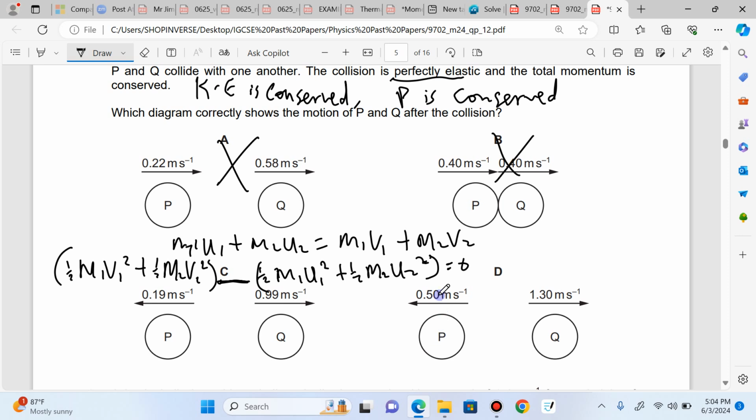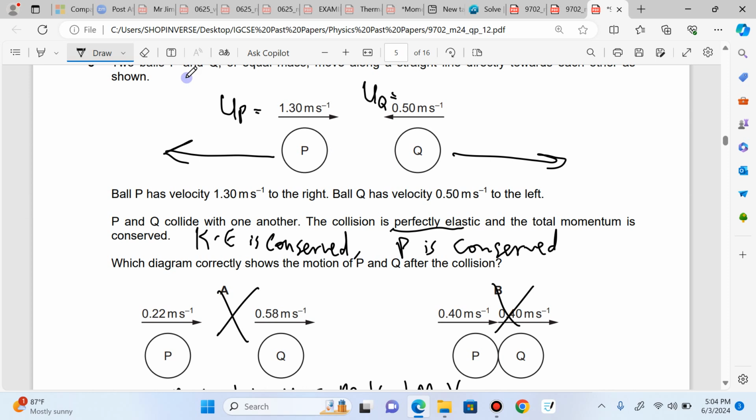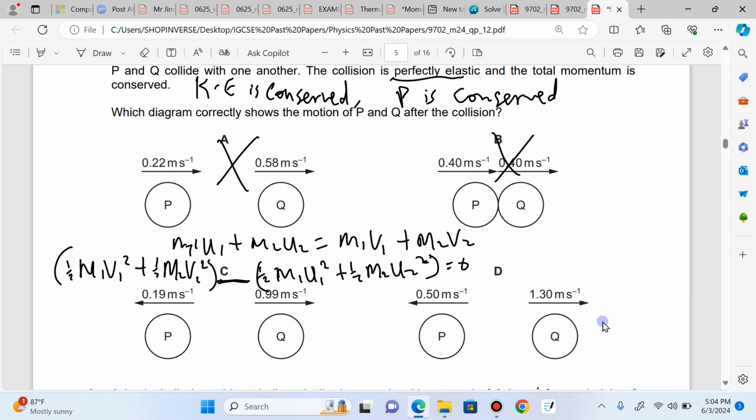P is now taking the value of velocity of this one after collision, while Q takes the velocity of this one after collision. And that is what works, okay? If you substitute those values, you get the change in kinetic energy to be 0. Okay, so D is the only one that will work for that.